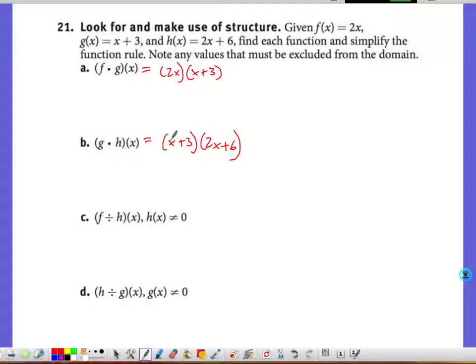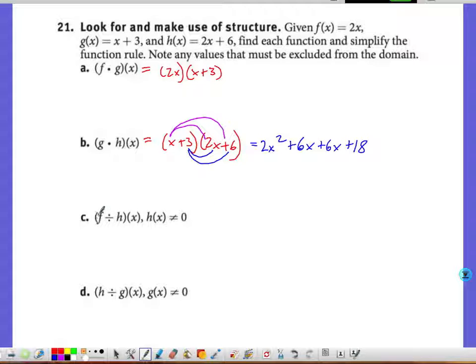Each of the parentheses has two terms, so you have to distribute the x times the 2x, the x times the 6, and then the 3 times the 2x and the 3 times the 6. Let me give you a quick preview. 2x times 2x is 2x squared. X times 6 is 6x. 3 times 2x is again 6x. And then 3 times 6 is 18. And then you just simplify after that.